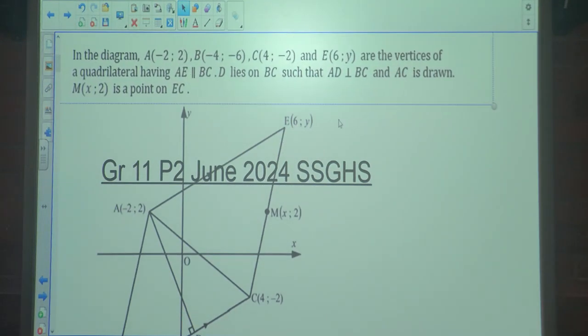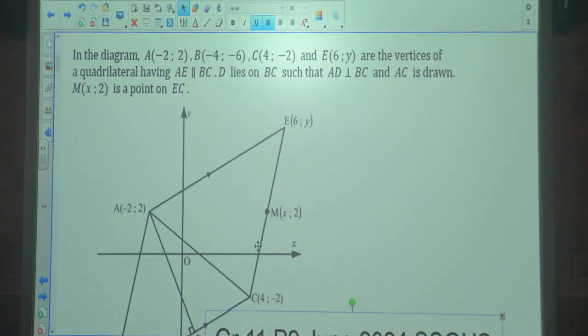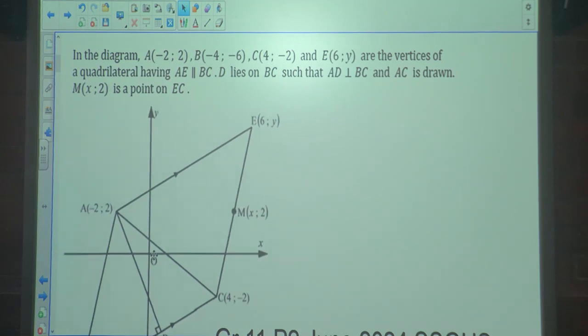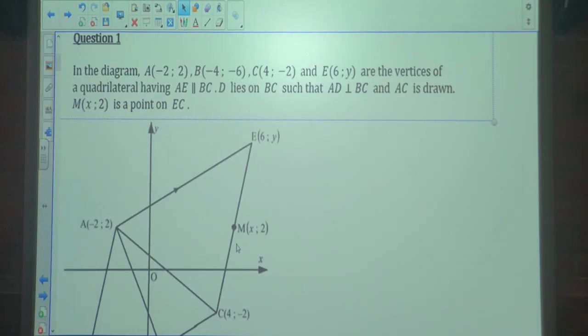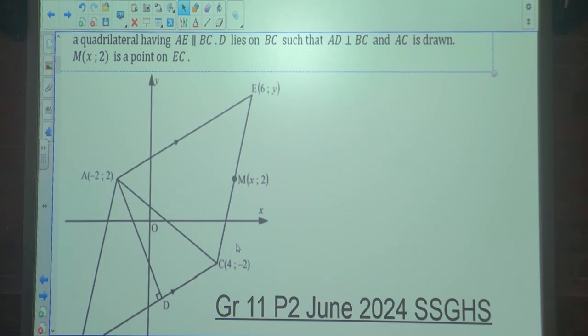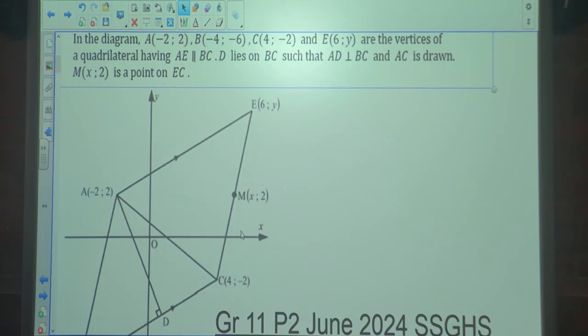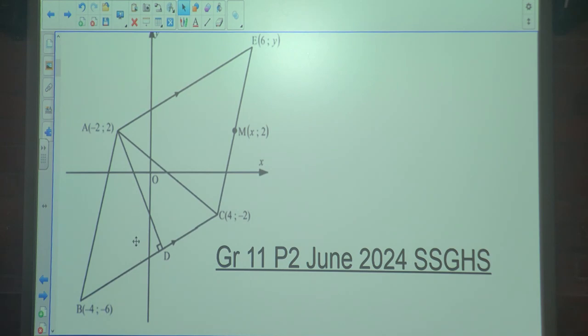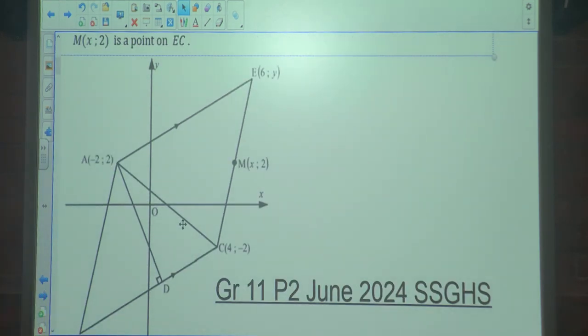So we are told that in the diagram, A, which is (-2, 2), B, which is (-4, -6), C, which is (4, -2), and E, which is (6, y), are vertices of a quadrilateral having AE parallel to BC. If lines are parallel, what do we know? Gradients are equal.